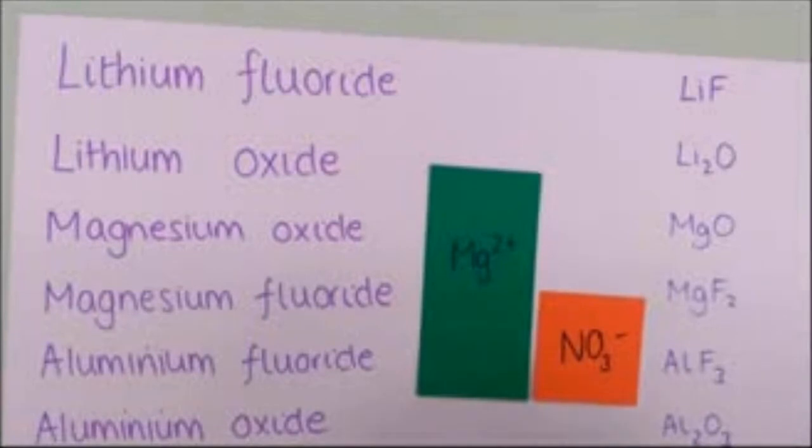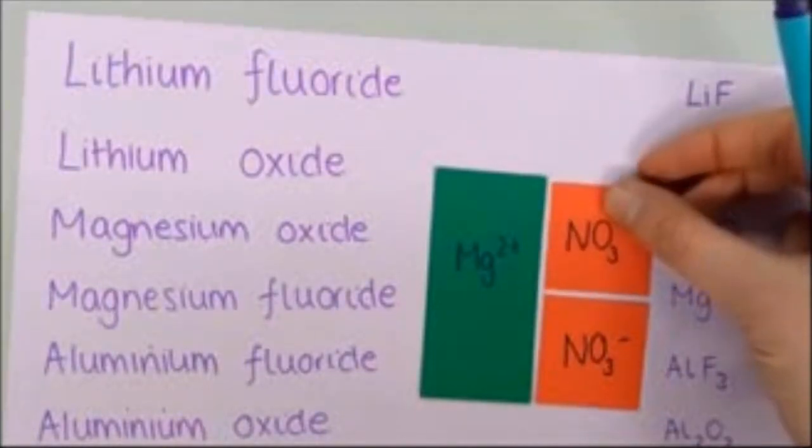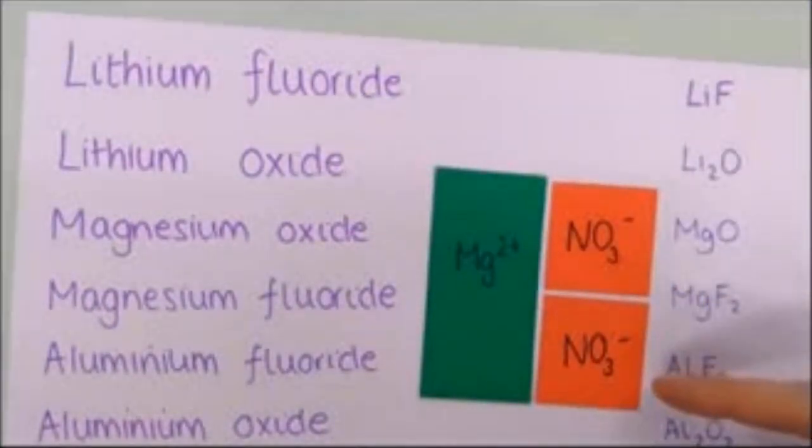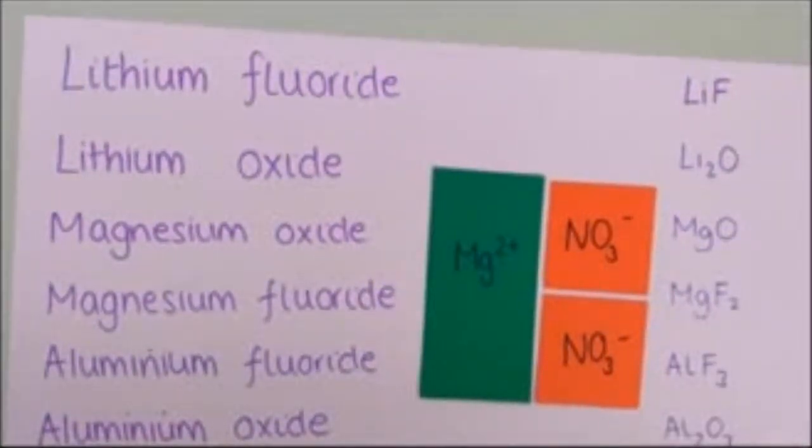So this is 1 nitrogen atom, 3 oxygen atoms, and the whole thing has a single negative charge. So again, that's not enough to balance out my 2+ on the magnesium, so I'm going to need 2 of them. And this is when we start using brackets to say we've got 2 of the whole ion. So we would write this as Mg(NO3)2.